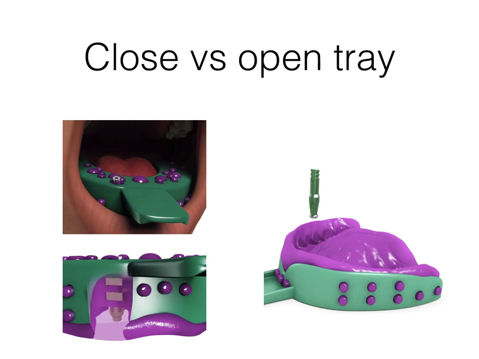The only difference is that, as you can see on the left side, because you just remove the screw in the open tray technique, the impression coping is always fixed in the impression material. However, on the right side, in the closed tray technique, the impression coping will be separated from your impression. So eventually you have to put the impression coping with the analog and reposition those back into your impression.